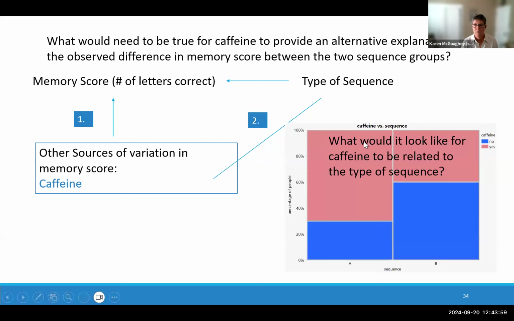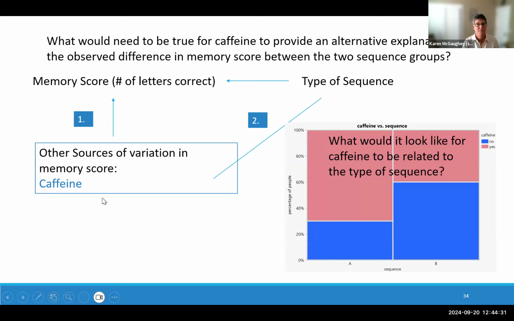So we might have a larger proportion of people who had consumed caffeine on sequence A compared to the proportion who had consumed caffeine on sequence B. Okay, so that's maybe what it might look like for these two variables to be related. And so how does that provide an alternative explanation for the observed difference in mean memory score between the two sequences?